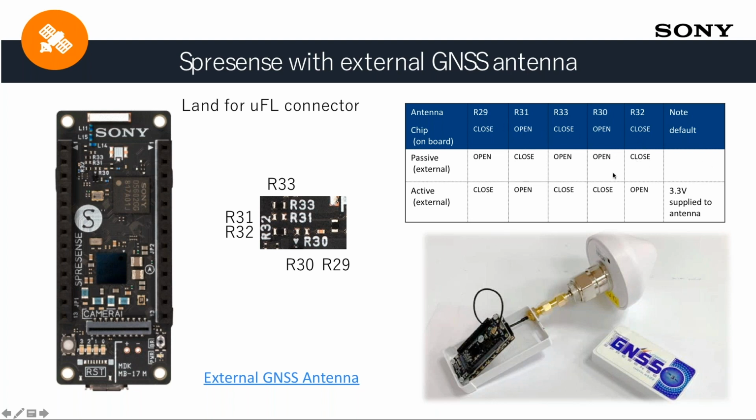So this is what you need to change. For example, resistor number 29 by default, when you get it on the chip, is closed. If you want to go to passive mode for extending this antenna, you need to open it. Or if you need to make it active, then you need to close it. But it's the combination of all of this, so keep that in mind.